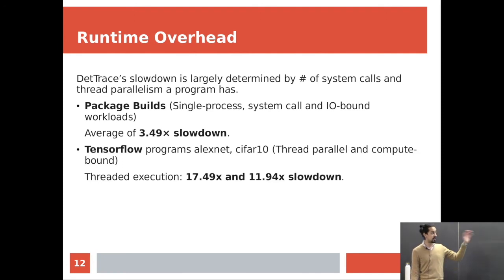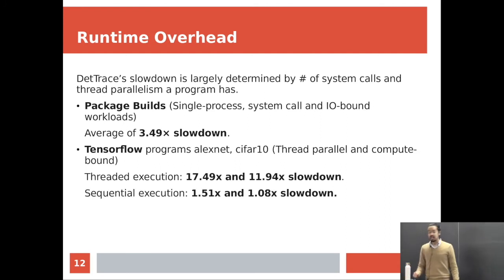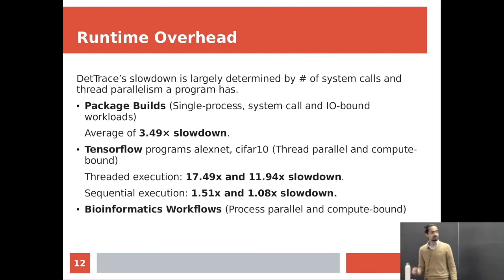Compared to a threaded parallel execution, we see 17.5x and roughly 12x slowdowns here. But if you notice, when run sequentially on a single thread, we only have the overhead of system call interception. For these compute-bound programs, we see 1.5x and 1.0x slowdown. That's a lot better.